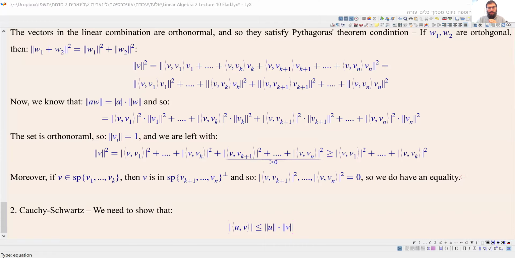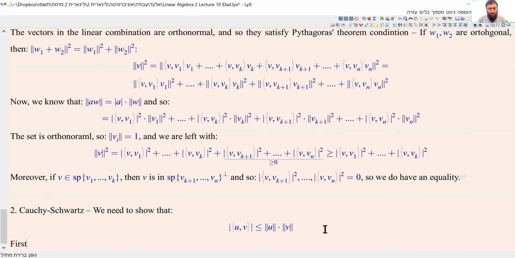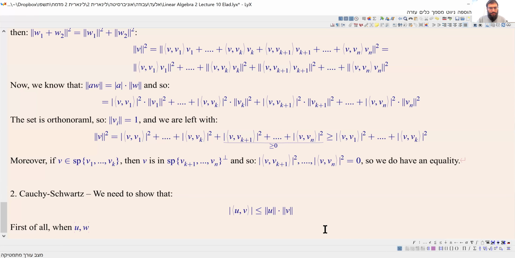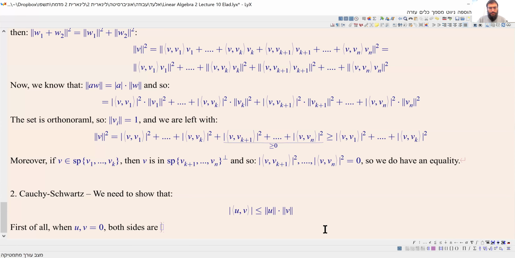First of all, it is easier to see that when U and V are both 0, both sides are 0. So it does happen. Now for my second proof, I'm trying to use the Bessel inequality in order to prove the Cauchy-Schwarz inequality.